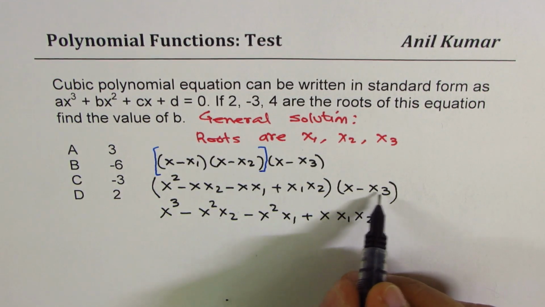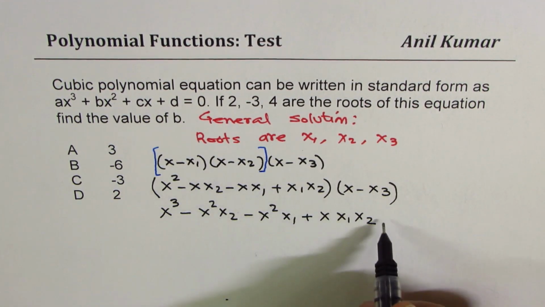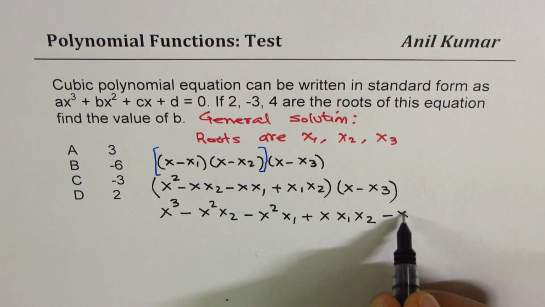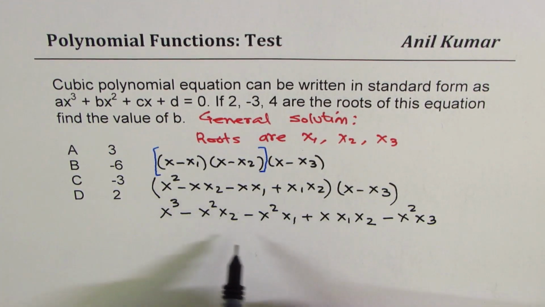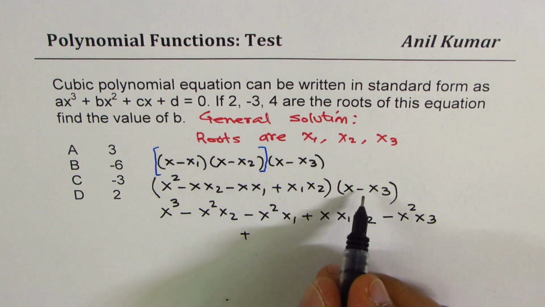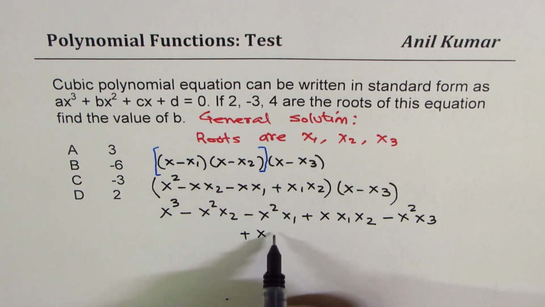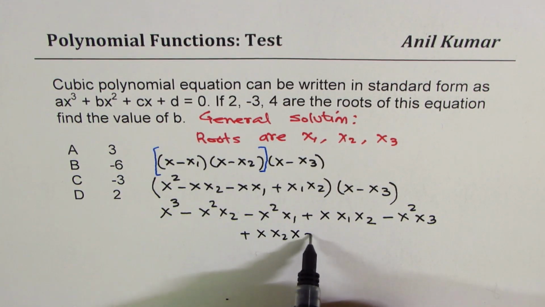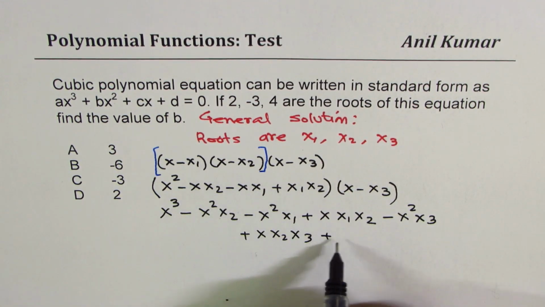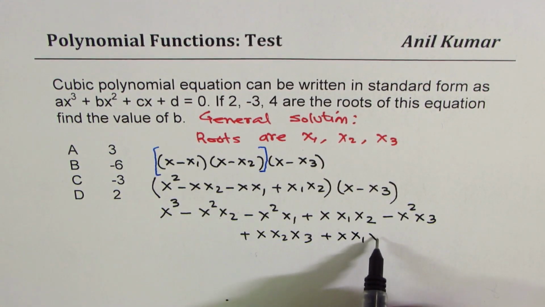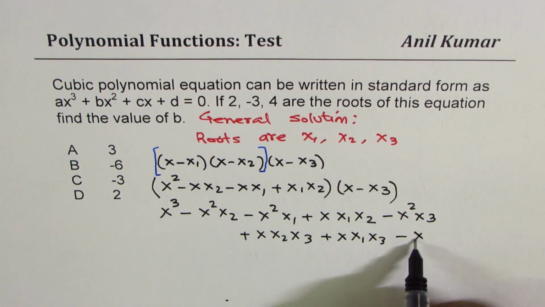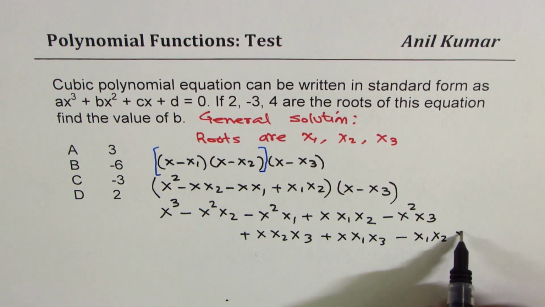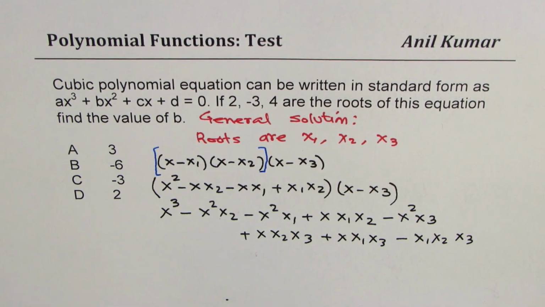Now with minus x3, when you multiply, you get minus x squared x3. Minus and minus becomes plus x times x2 x3. Then again it becomes plus x times x1 x3, and here you get minus x1 x2 x3, the product of all 3.